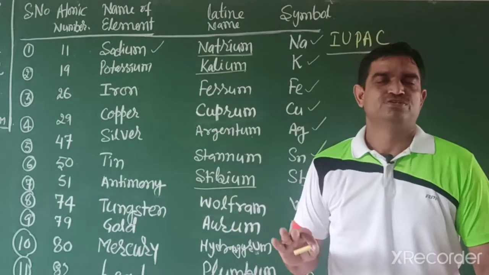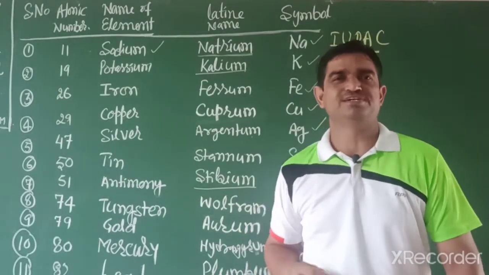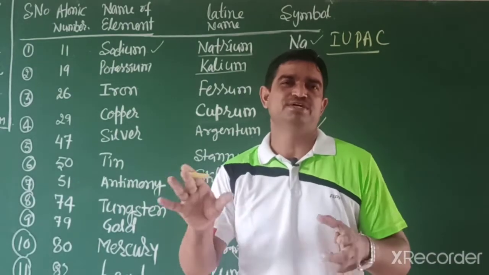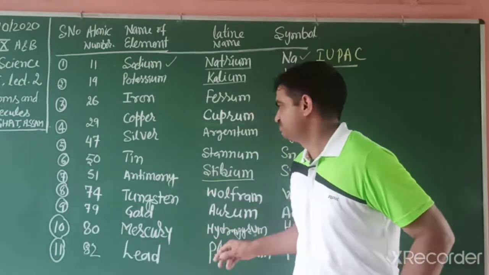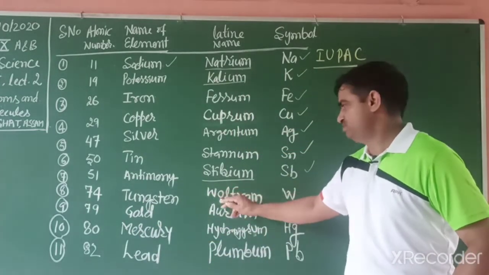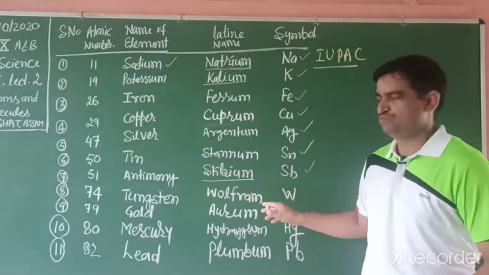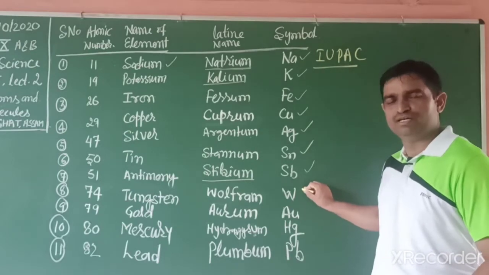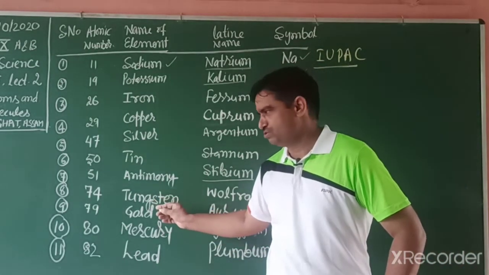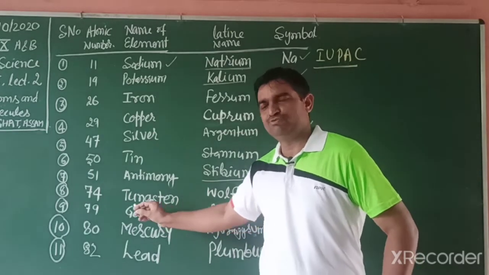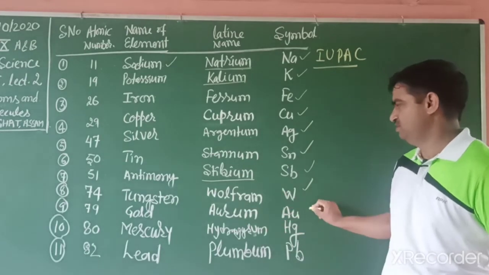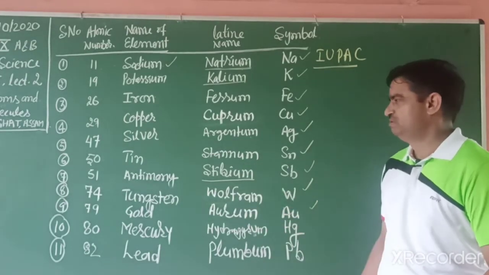Students, you know tungsten has the highest melting point, so that element is used for making the filament in a bulb. Tungsten's atomic number is 74, its Latin name is wolfram, and its symbol is W. The other element is gold. Gold's atomic number is 79, its Latin name is aurum and the symbol is Au.